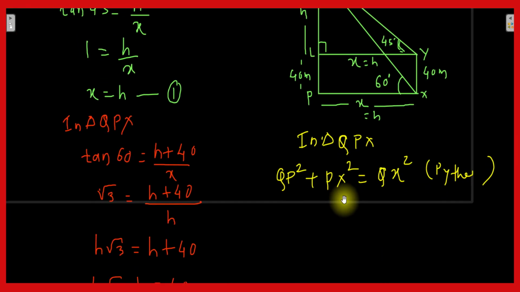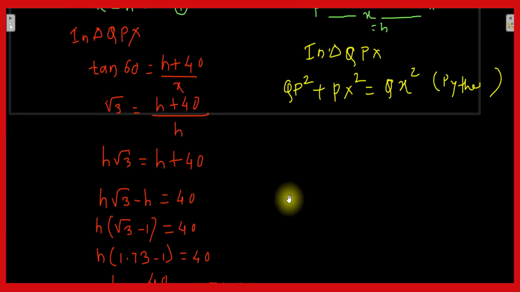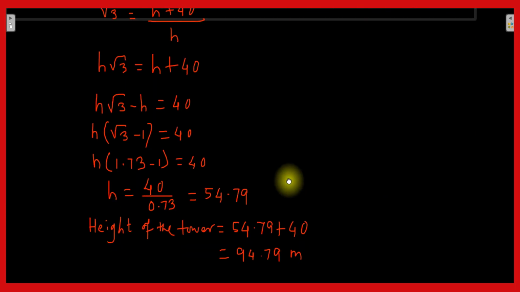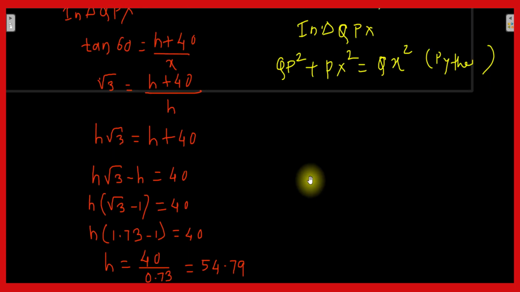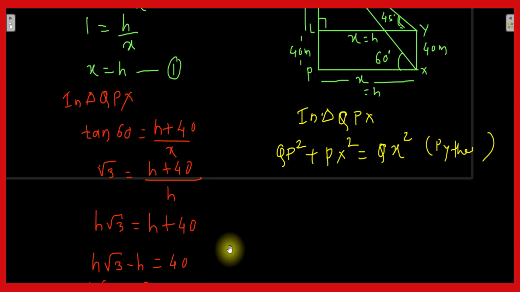And now this can be solved further by putting the values. So here we have got the value of QP, that is the height of the tower, and that height of the tower we got as 94.79.